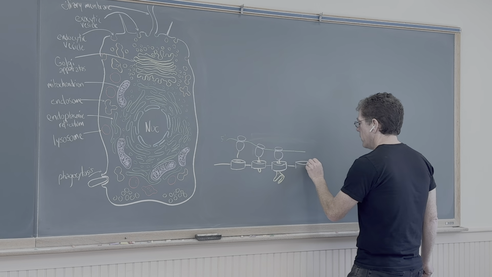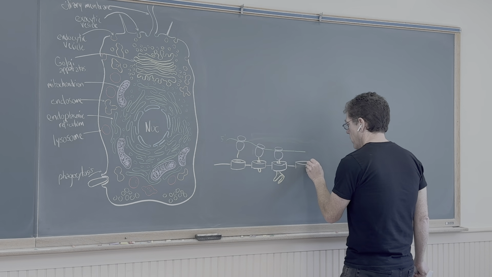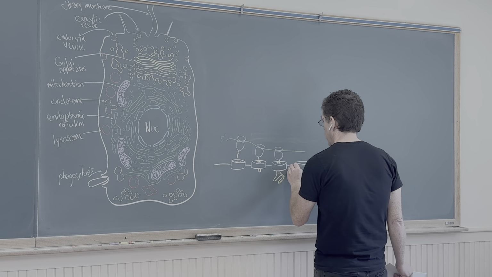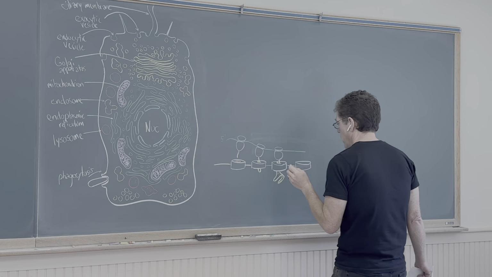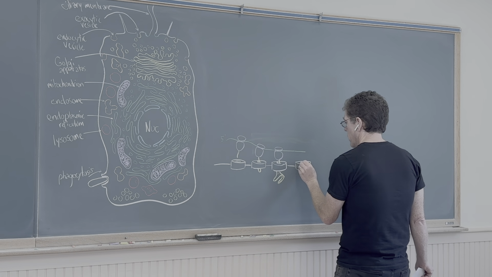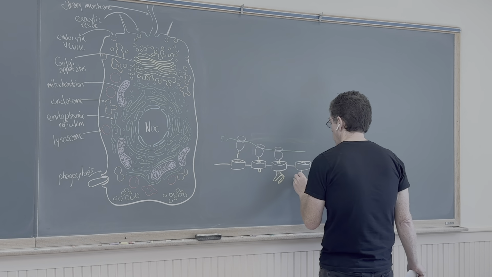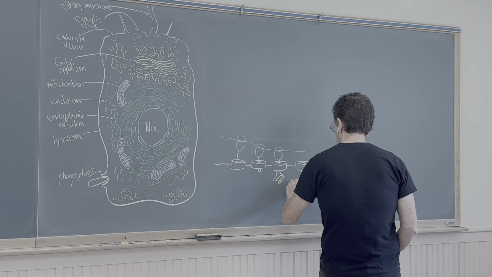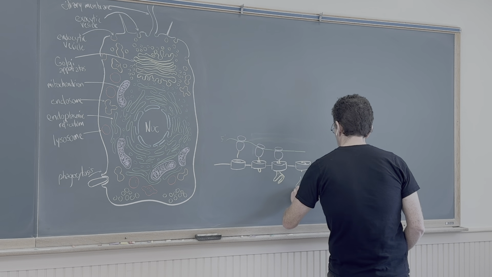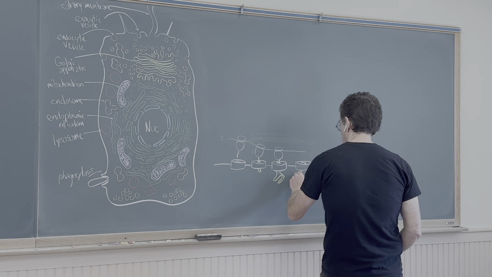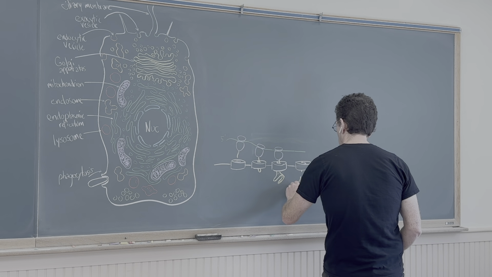Something typically snips off the signal sequence, that N-terminal piece, and it stays behind there as this protein goes and completes its maturation, whatever shape it is supposed to end up, in the endoplasmic reticulum.